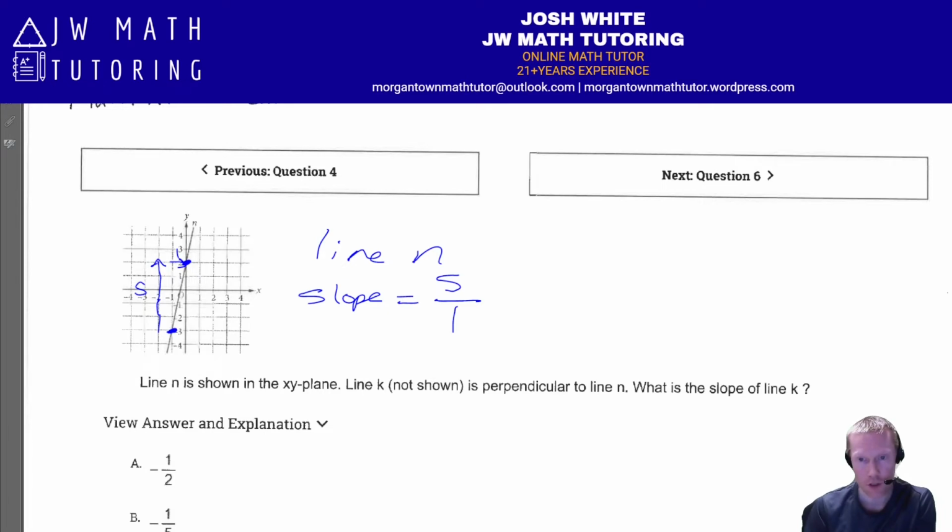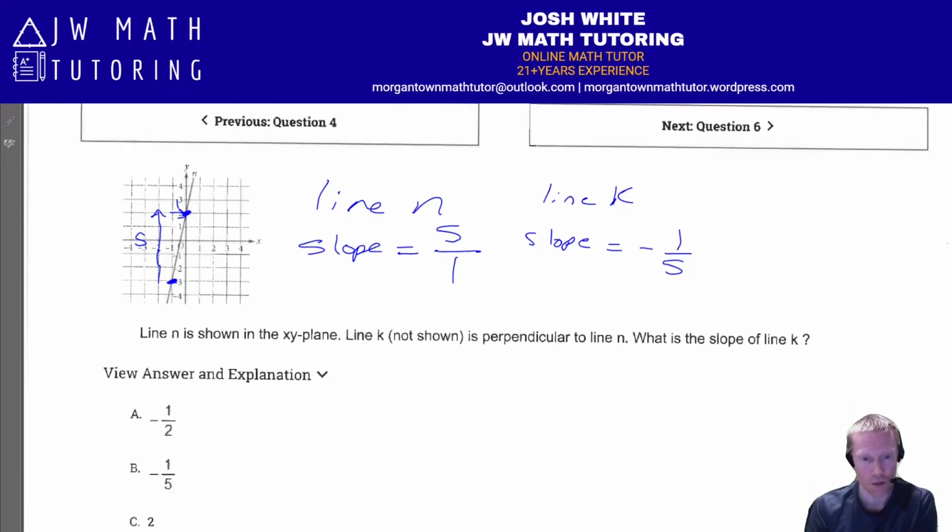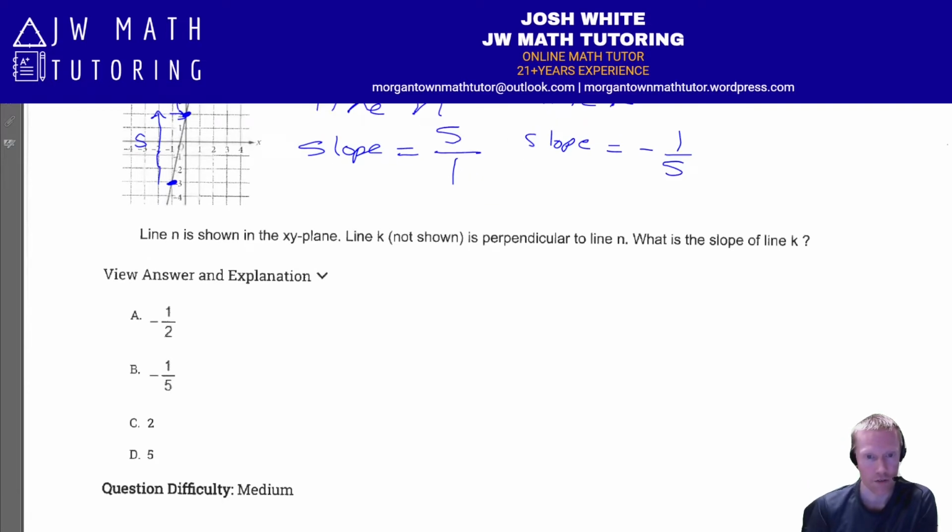That means the slope for line K is going to be the opposite reciprocal of this, because perpendicular lines have slopes which are opposite reciprocals. So I'm going to take this positive slope and make it negative, and I'm also going to take its reciprocal, i.e. flip it. So the slope of line K is going to be negative 1/5. Therefore, the correct answer to this problem is just going to be letter B.